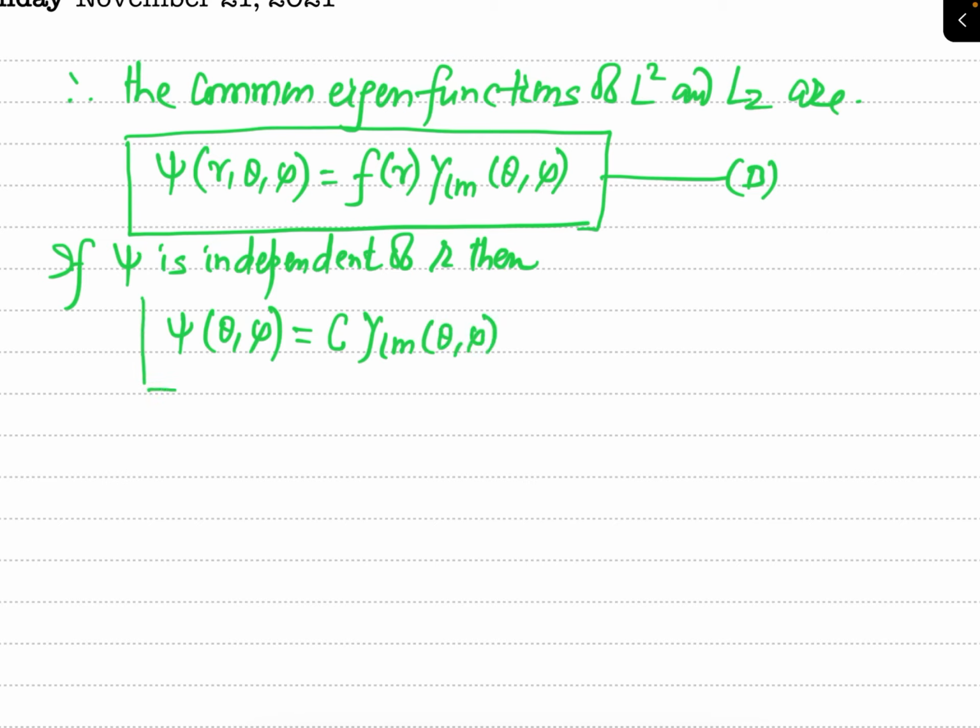Or in a simple way you can say that when psi is independent of r, then this spherical harmonic is actually the eigenfunction of the operator L square and Lz. In fact, in most of the applications we see that the eigenfunctions of the operator L square and Lz are simply the spherical harmonics.